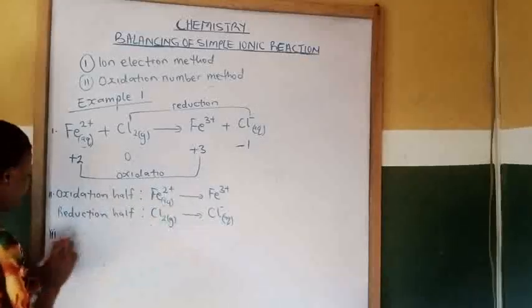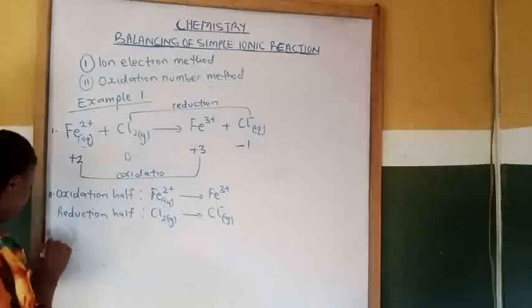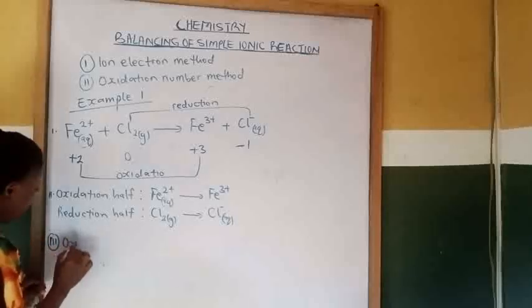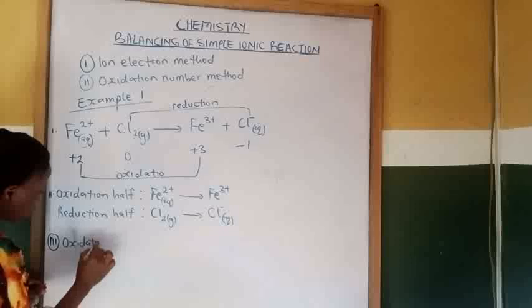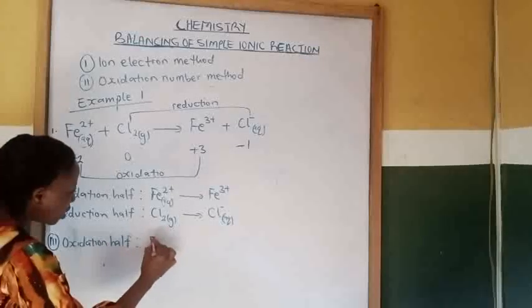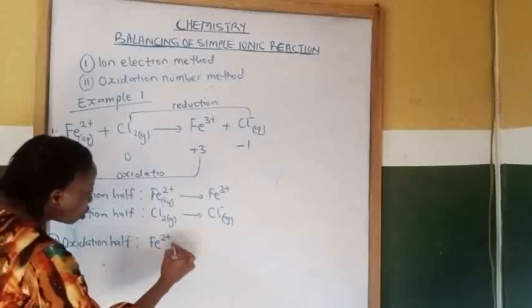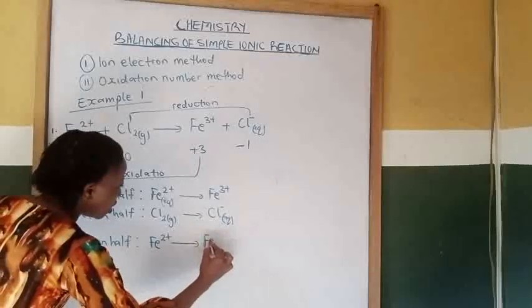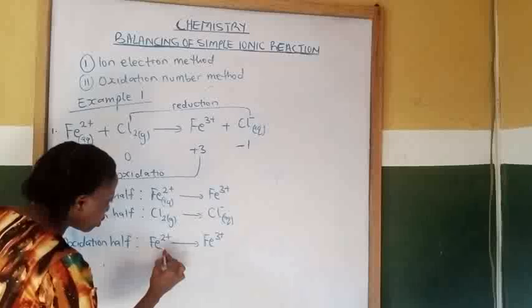Now, let's write our oxidation half and reduction half. For the oxidation half, we have Fe2+ to Fe3+.